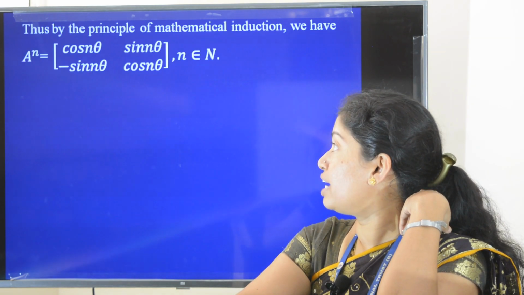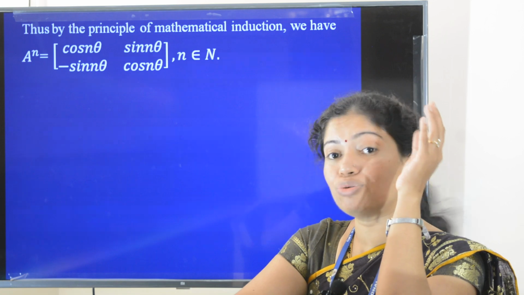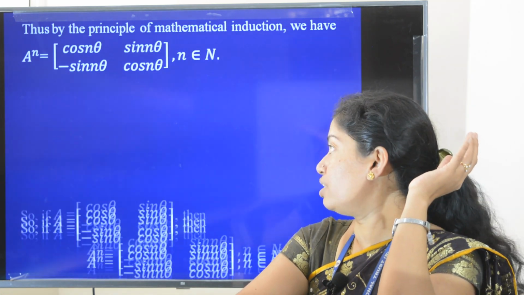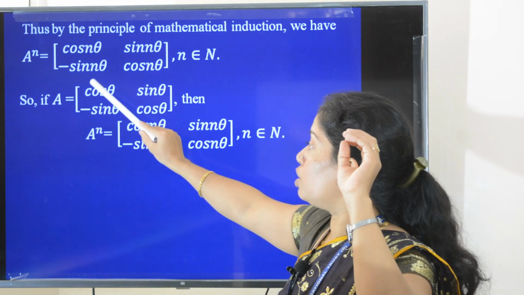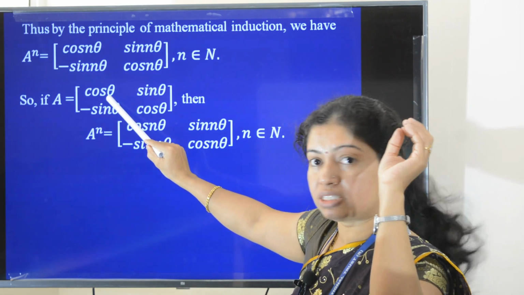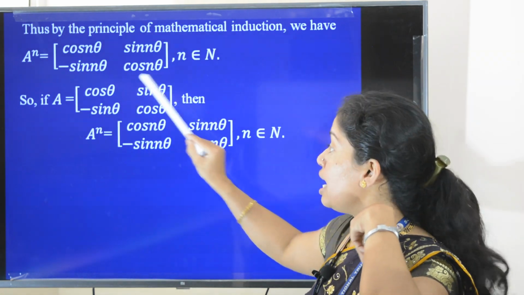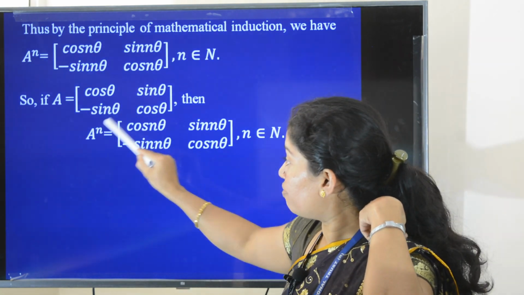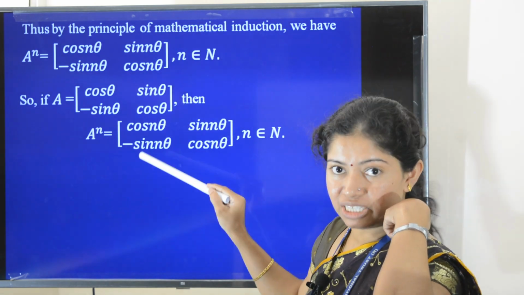So finally what we can conclude, by the principle of mathematical induction, the statement is true for all n belongs to N. So what is that statement we have? If A is equal to, observe the entries should be like this only. If you have here cos theta, the other element should be sin theta, cos theta sin theta, and one trigonometric function should have a minus sign there, minus sin theta into cos theta.